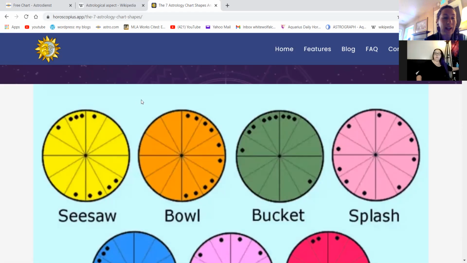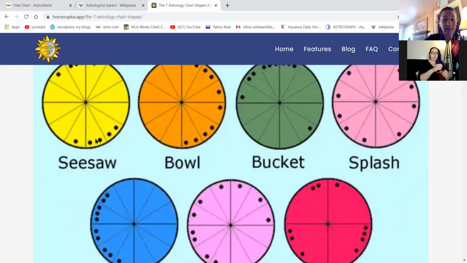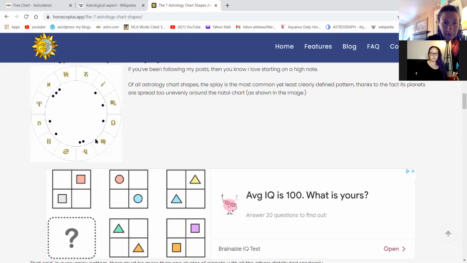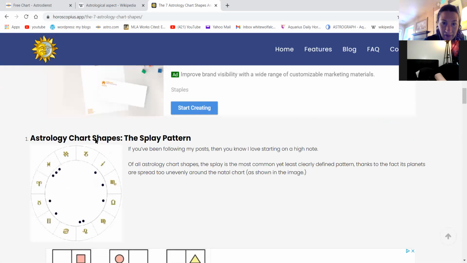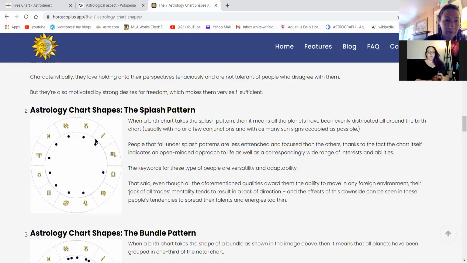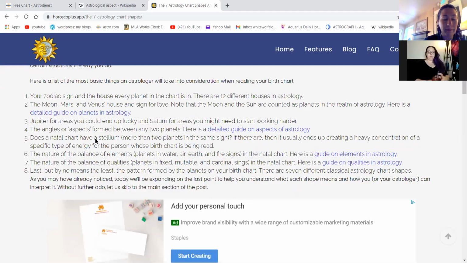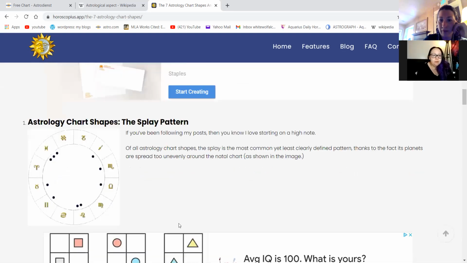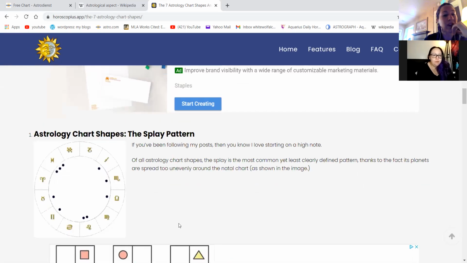Right. So we have a seesaw type chart, and I'm wondering if I could just read. Okay, so according to this, and also do your readings, display pattern is the most common.